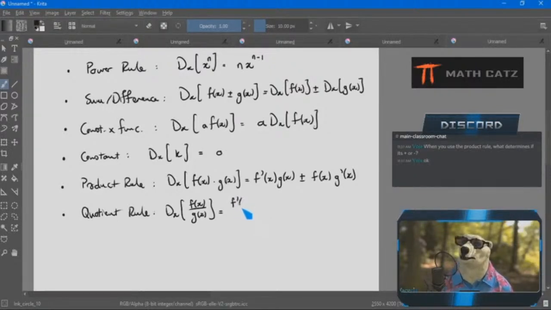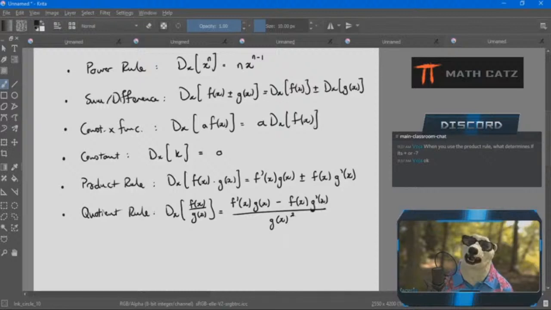It has a similar look to the product rule. The derivative of the top times the bottom. Now it's a minus the top times the derivative of the bottom. And then I'm creating another fraction, and it's over the bottom function squared.